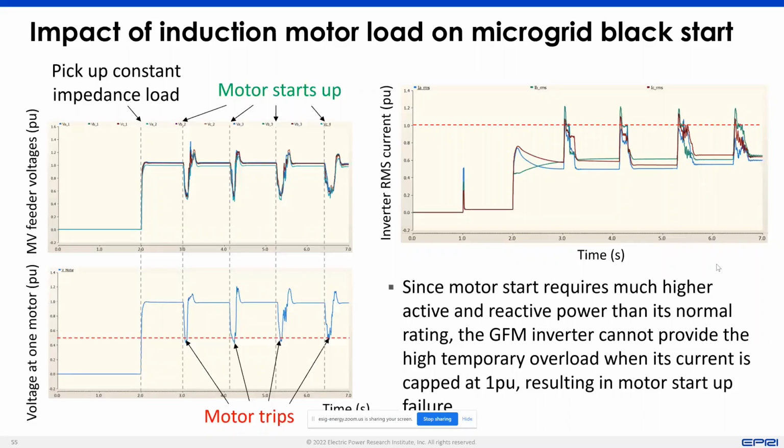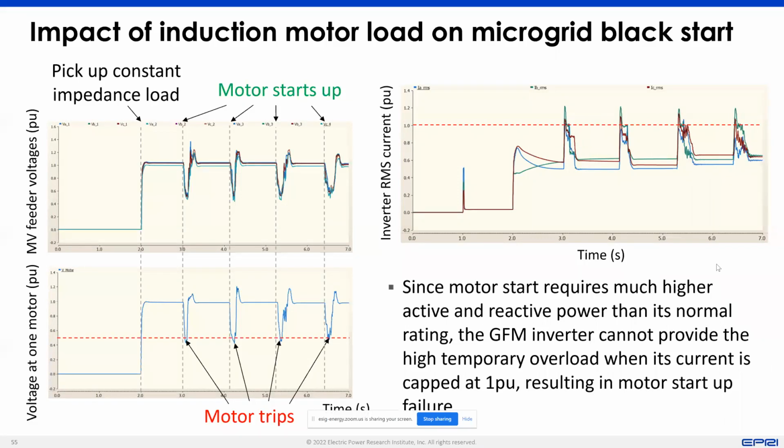Now, on the next two slides, what I want to show is the importance of the grid forming inverter having the capability to support induction motor startup current as well as power. We show this simulation study comparing two cases.